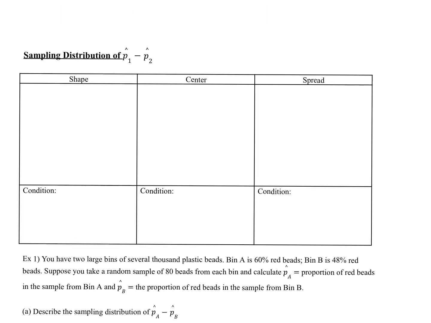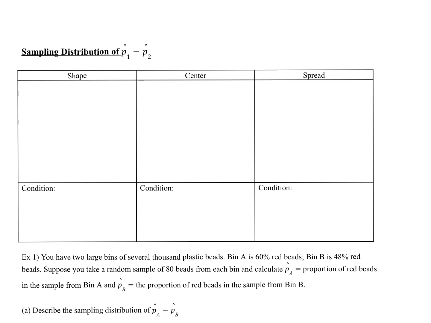When it comes to the sampling distribution for P1 hat minus P2 hat, so again, we're looking at this difference, the three conditions still have to be met, as if we were looking at a single proportion. The shape should be approximately normal, just like it was for a single proportion.